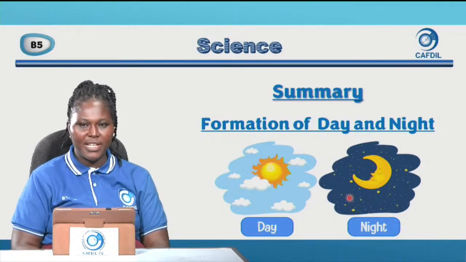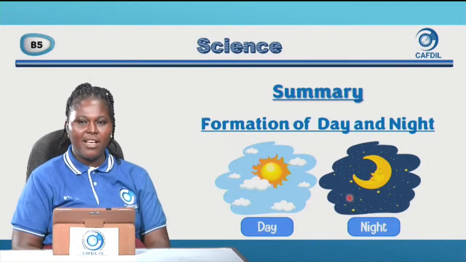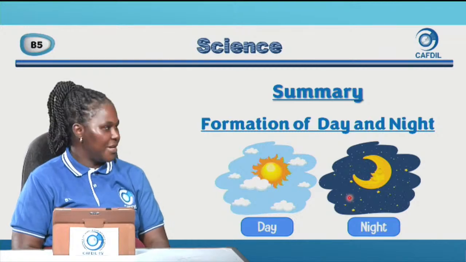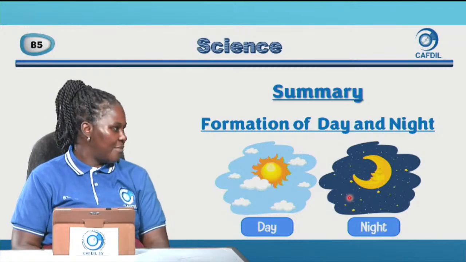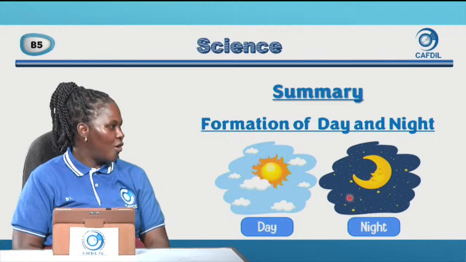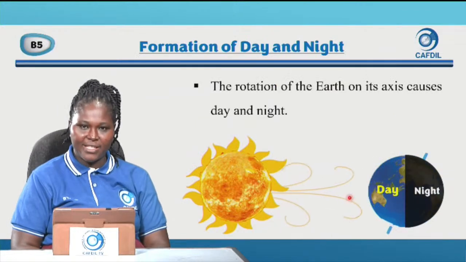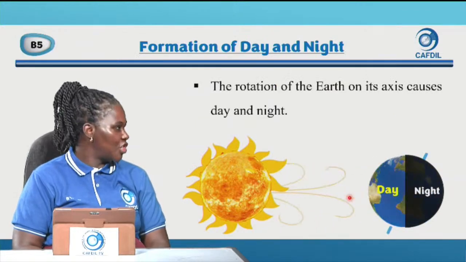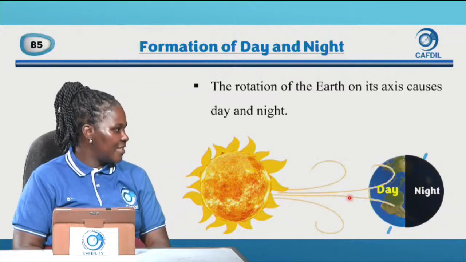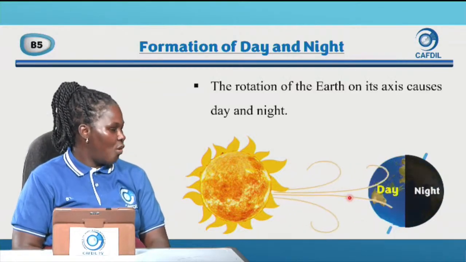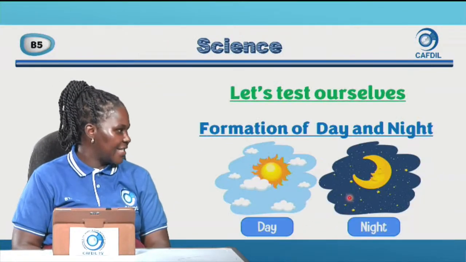Now we have come to the end of our lesson and we are coming to look at the summary of our lesson. Formation of day and night. Now we said the rotation of the earth on its axis causes day and night.